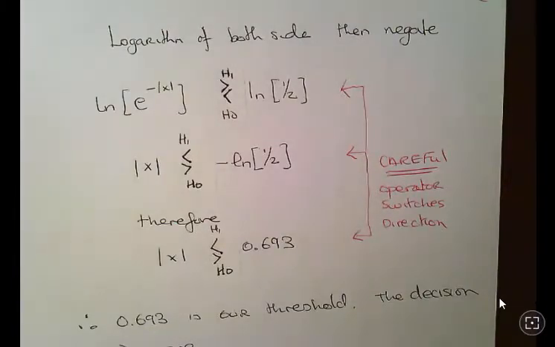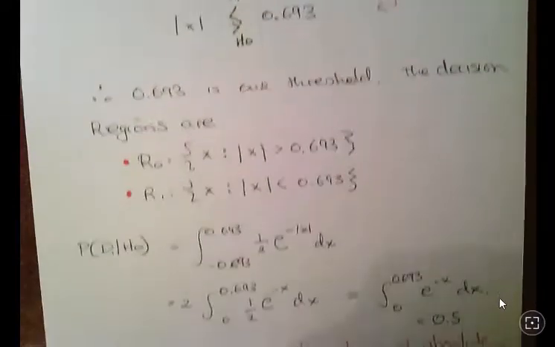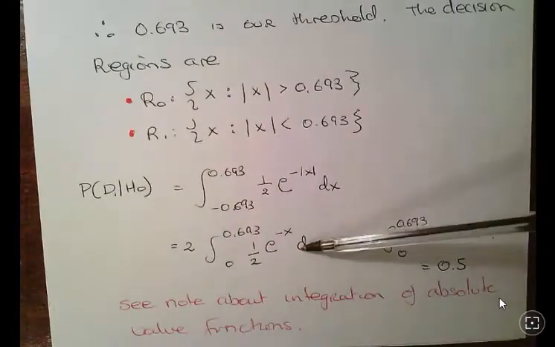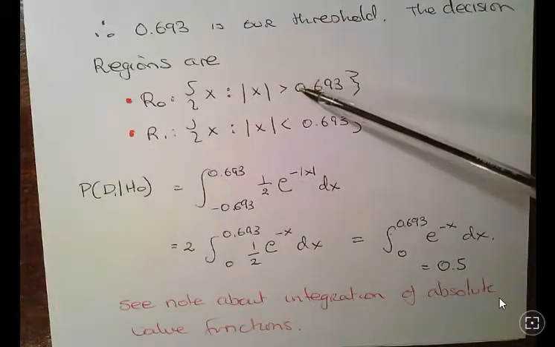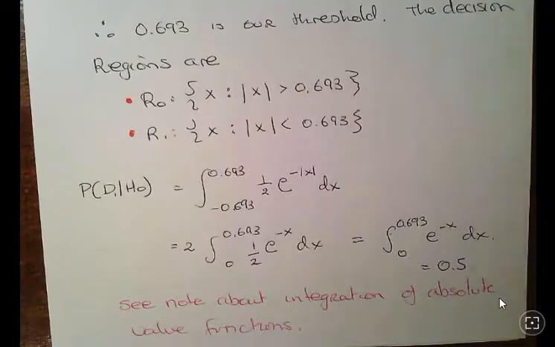Okay, so here we go. In the last one we calculated the decision regions, R0 and R1. What we want to do is compute the probability of D1 given H0, in other words P10, and also the probability of D0 given H1.